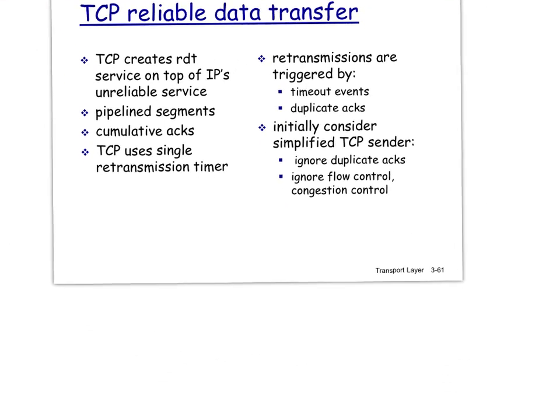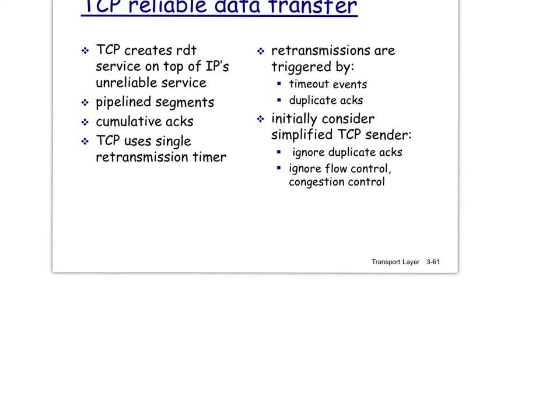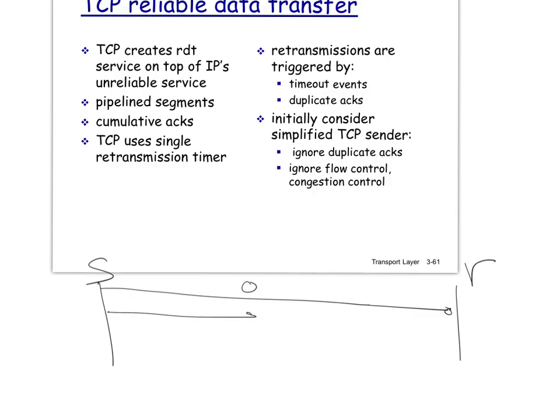Remember we talked about the possibility, if you have a sender and a receiver, right? I will not use bytes, I will use indices here just to keep it simple. So if you send the first segment 0, and send segment 1, and it's lost, and then send segment 2.